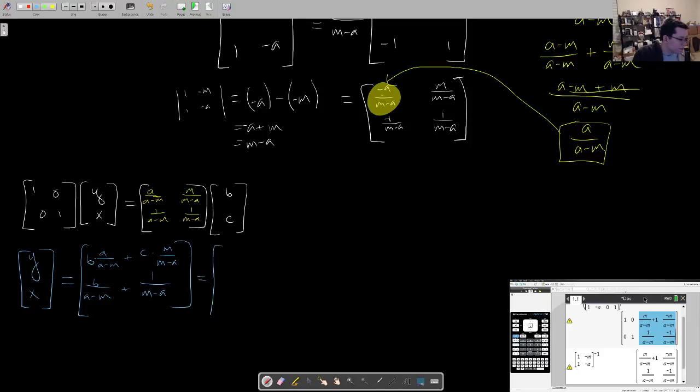Equals, now I'm going to start combining things, a times b over a minus m minus c times m over a minus m. That way they match.